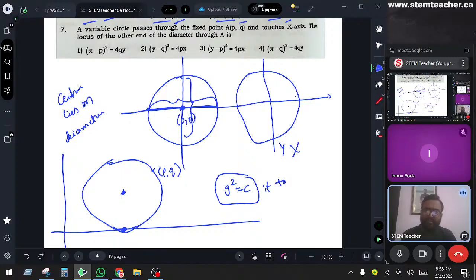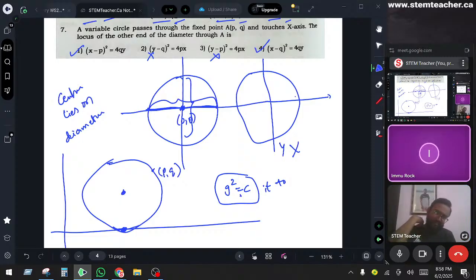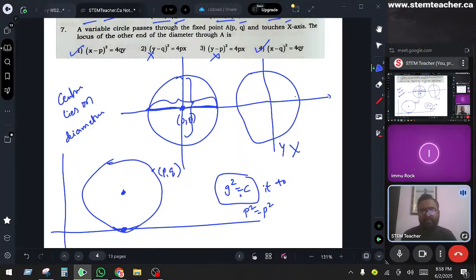G is nothing but x coordinate. So 2gx will come. g square is equals to c, p square is equals to p square, that is done.